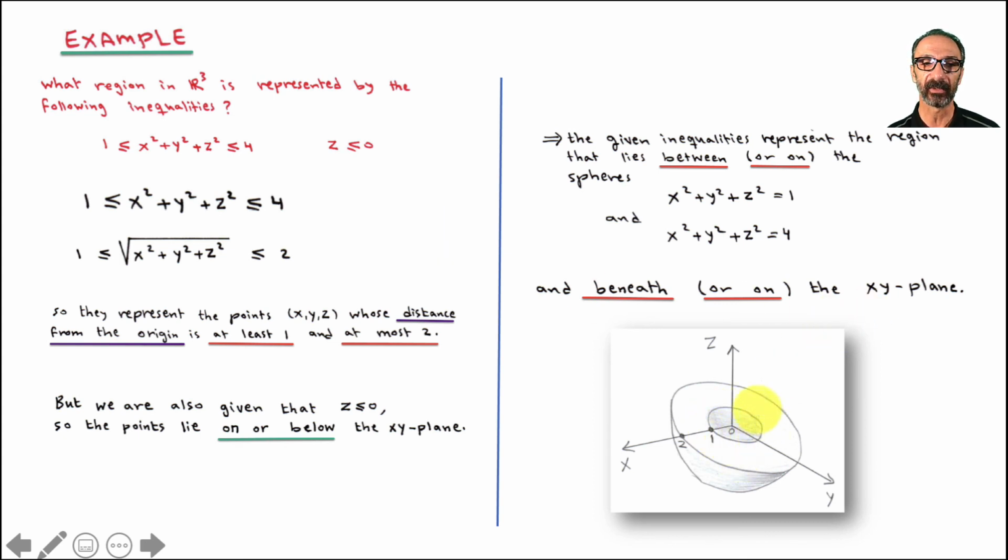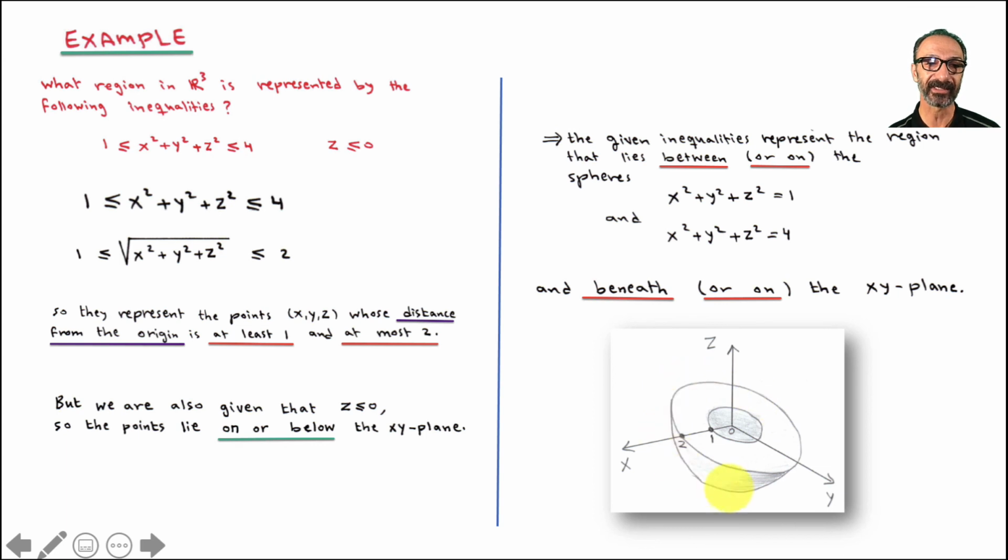If you continue this all the way up, that's a sphere of radius 1 centered at the origin. If you continue this all the way up and complete it as a sphere, that's another sphere centered at the origin with radius of 2. But what is happening right here, you cannot be above the XY plane, so it's cut with a sharp knife, as you could see, and you are less than or equal to, belongs to a sphere with radius of 2 and the inside part of it.